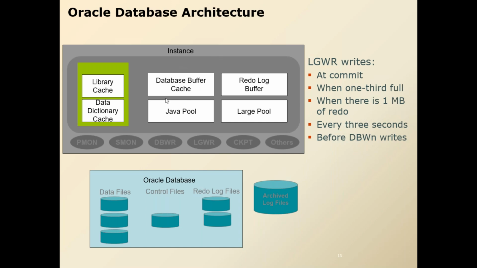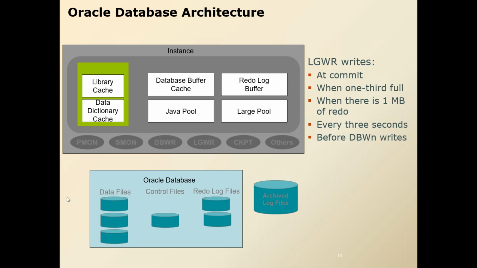That change will be written into the database buffer cache first. From the database buffer cache, there is a process, DBWR. DBWR is the database writer, which writes the data directly from the database buffer cache to the data file. So whatever changes you are doing, say for example, you are updating a record.